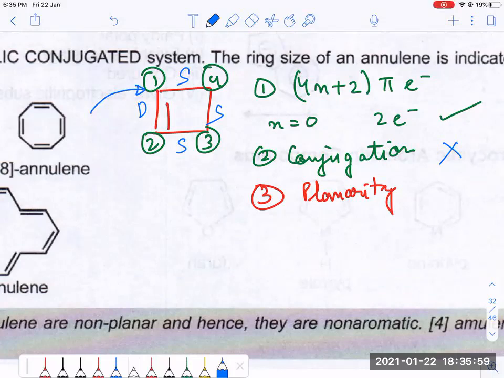So are you finding it difficult to calculate the hybridizations? Yes, Charan. Is it difficult to calculate the hybridization here? Should I remind you once more how to calculate hybridization?